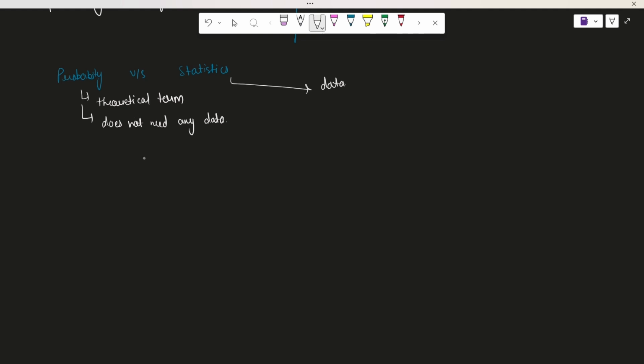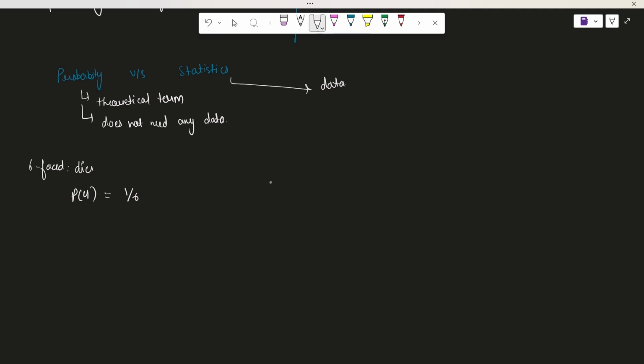So probability is just like, a fair dice has six sides, so the probability of 4 is 1 by 6. If we want to calculate the probability of getting 4 on a 6-faced dice, it will be 1 by 6. So this is just probability.